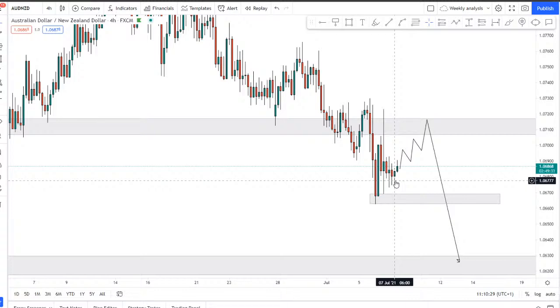So yeah, ADNZD, I think more shorts for this one at that resistance, see if it holds. If you break back into it, then I'll probably have to analyze it again, see what's happening with the pair, maybe change my bias potentially, but as of right now, yeah, it's looking bearish. So a bit of retracement, then we'll probably see the continuation, but yeah, this might take forever to play out anyway.